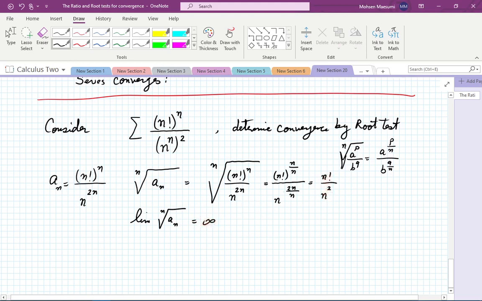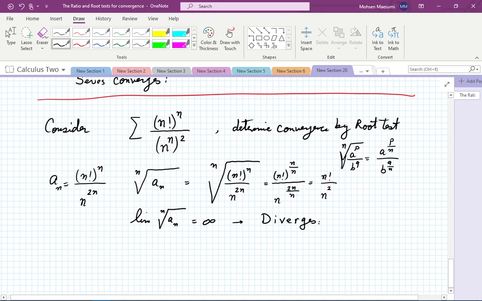If the ratio goes to infinity, what can I say? We said if the ratio is actually larger than 1, the series is going to diverge, and this is going to be almost the worst divergence that you can have. So in this case, we say the series diverges because the limit becomes infinity.